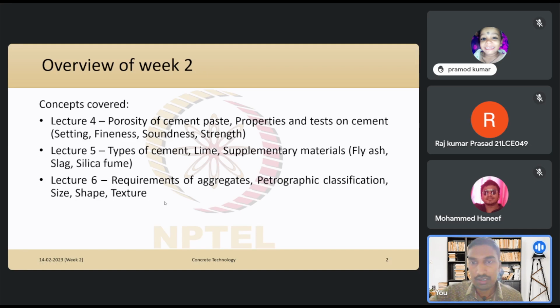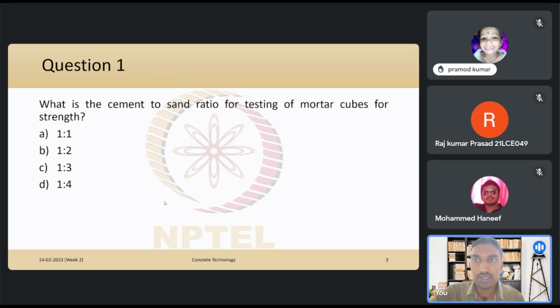Now we will look at some questions related to these concepts. The first question is: what is the cement to sand ratio for testing of mortar cubes for strength? The options are 1:1, 1:2, 1:3, and 1:4.